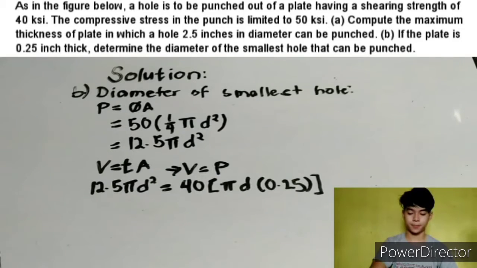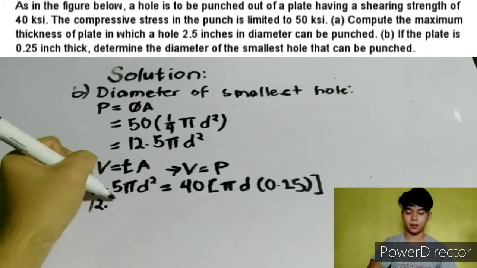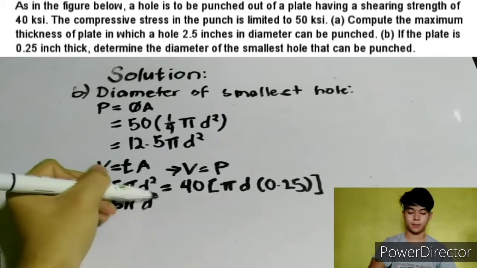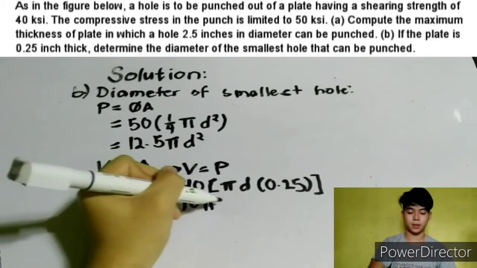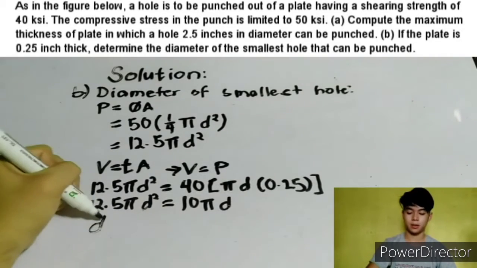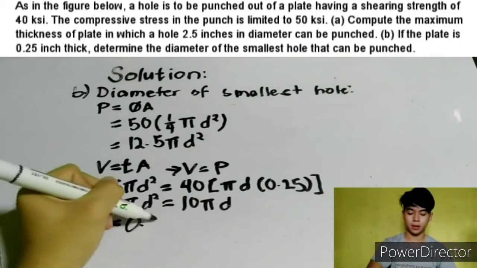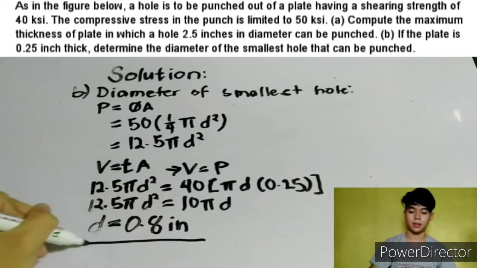So 12.5 pi d squared equals 40 times 0.25, which is 10 pi d. So our d is equal to 0.8 inch. So that's the diameter of the smallest hole.